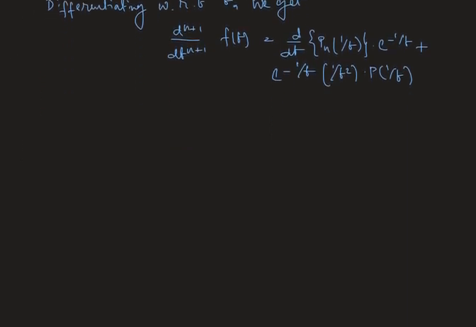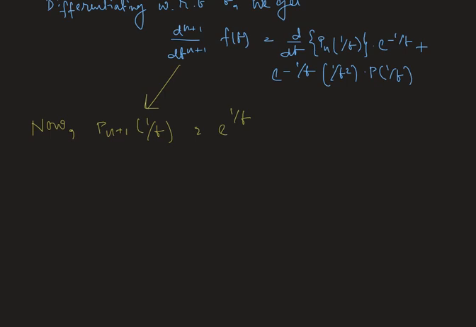Now P(n+1)(1/t), we can write d^(n+1)/dt^(n+1) f(t) in this way, that is P(n+1)(1/t) e to the power minus 1 by t.